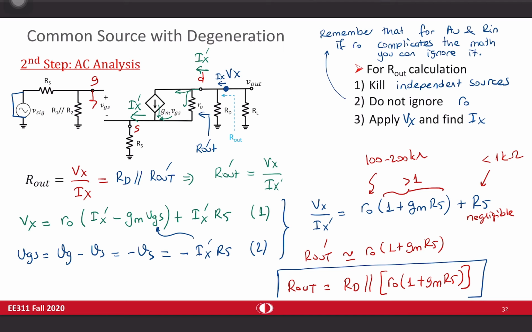And you can say that, again, this RD is a discrete component. The value is in the range of a few kilo ohms. This thing is in the range of maybe more than 100 kilo ohms. So eventually the output resistance is dominated by the drain resistance. So, most of the time this thing is approximately equal to RD.